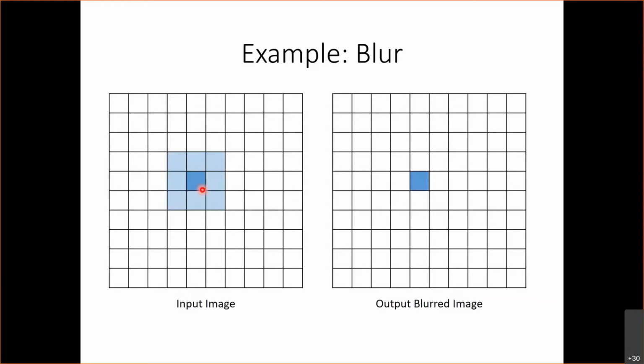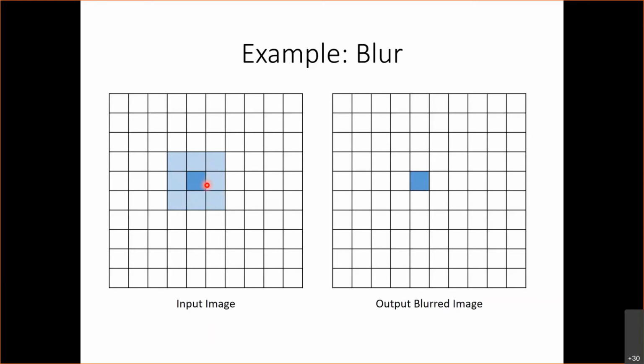The input pixels. So you're saying that a thread is going to have more than one input pixel. So what is a thread going to be responsible for? To take the average of more than one pixel, the square of 9 pixels. The square of 9 pixels.